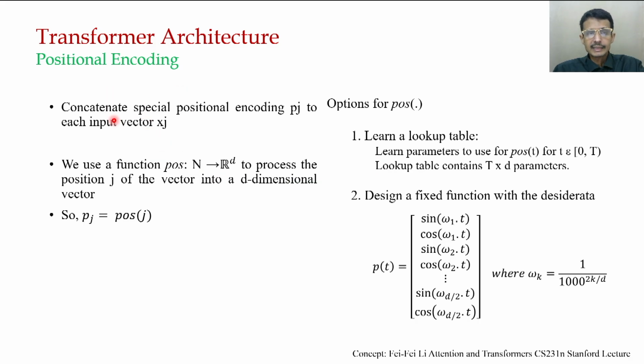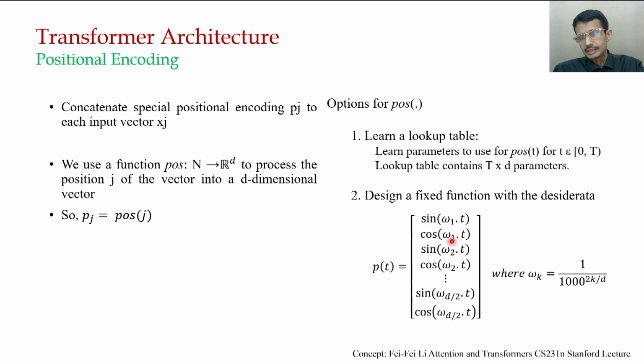Now here you can see that we concatenate a special positional encoding for position j to the text embedding. We use a function P that maps the position j into a d-dimensional space of real values. It is a lookup table based approach. The lookup table contains T into T parameters.